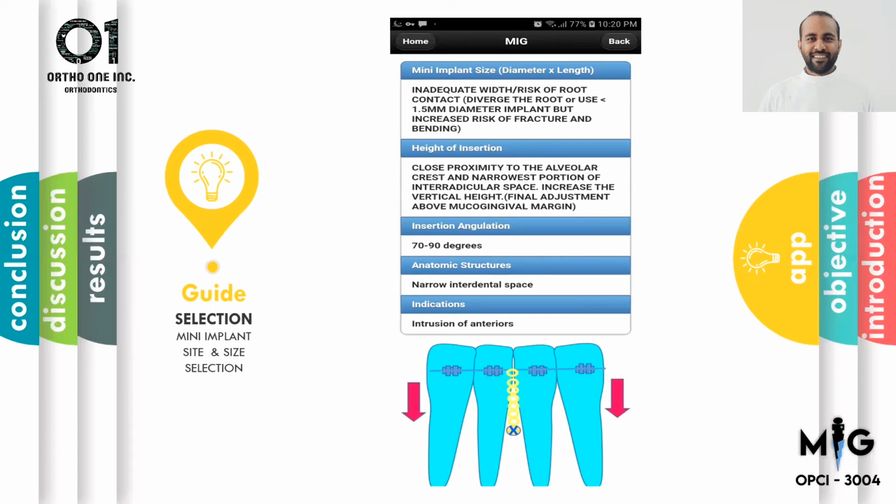If a lesser diameter implant is used, it also cautions the user that there is a risk of fracture with such small diameter implants, and also the possibility of bending. Finally, if there is an unfavorable height of insertion, it suggests changing it based on clinical evaluation, and moving the height of insertion more towards the mucogingival margin, or placing it in the attached gingiva.